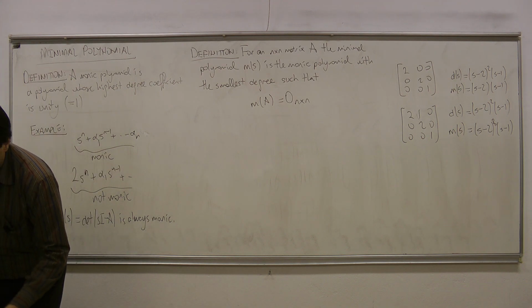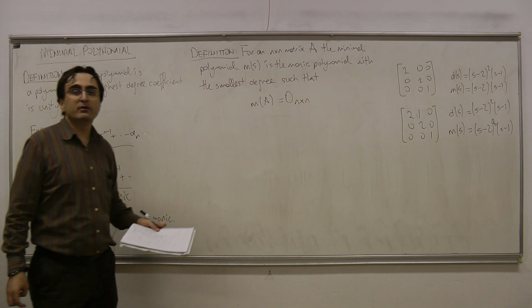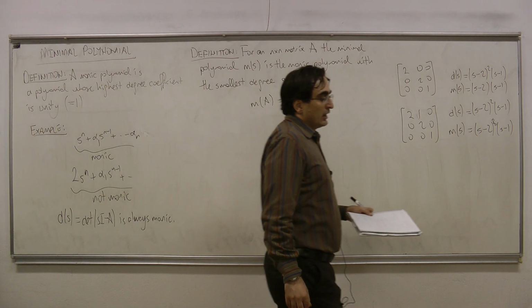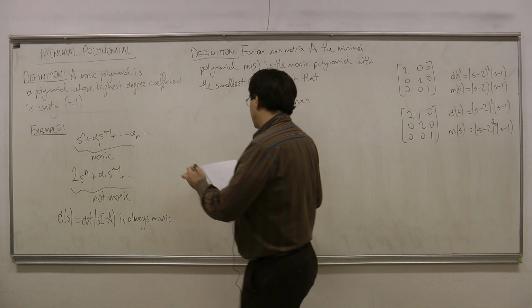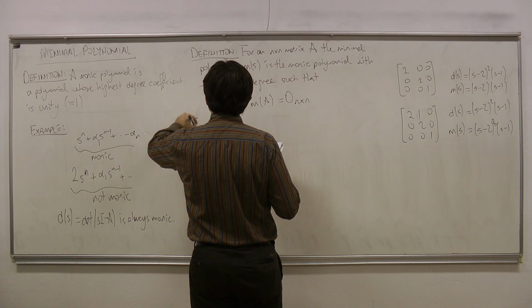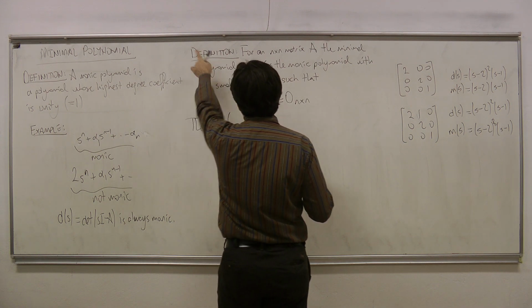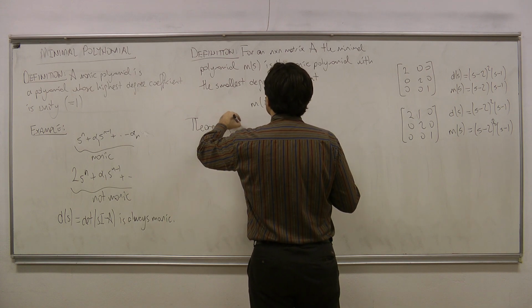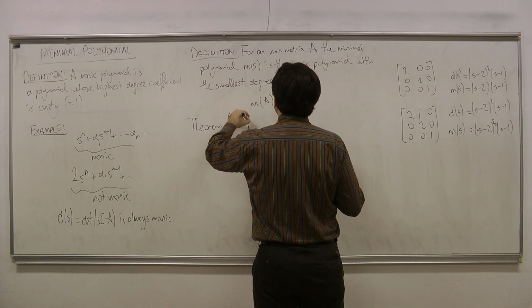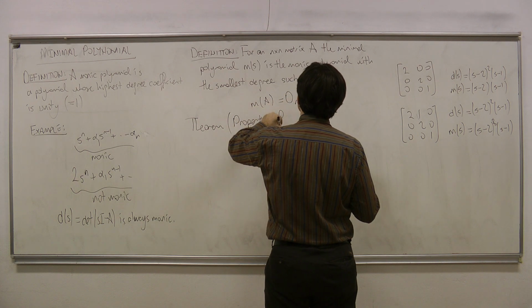So the minimal polynomial has some very, very important properties. They are really important, and we are going to try to prove them. Let us write these properties. We have defined the minimal polynomial, and this theorem is going to give the properties of the minimal polynomial.